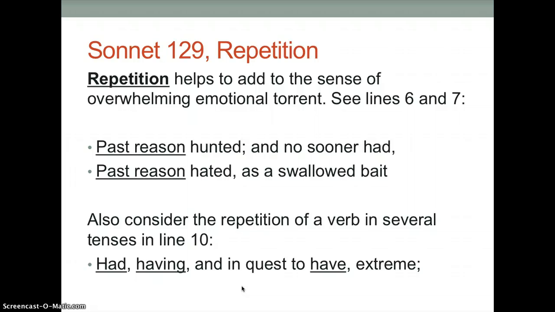So again, it drives the message home. Or in the line, had, having, and in quest to have extreme. The ability to repeat a verb in three different forms in one line is kind of extraordinary. And again, why do it? Because it gives us that driving sense of overwhelming lust.